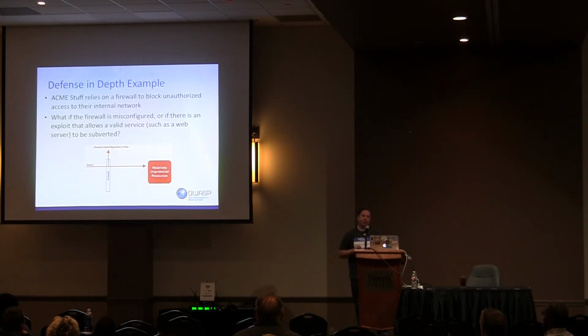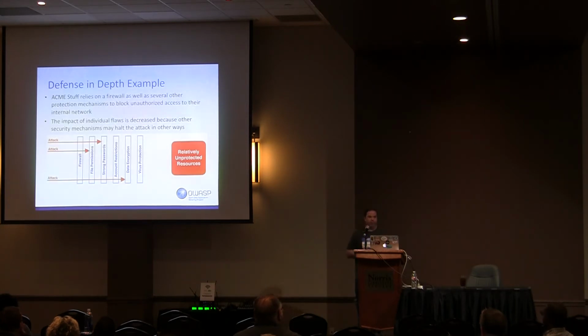Now, if we take that and say, all right, let's not rely on just the firewall. Now we've got multiple other protection mechanisms in place. So we're not going to rely on that one thing. We're going to put file permissions in place. We're going to make sure that there are certain restrictions on there. And we're going to have strong passwords, and we're going to use account level restrictions, and we're going to encrypt our data, and we're going to run antivirus on our systems, right?